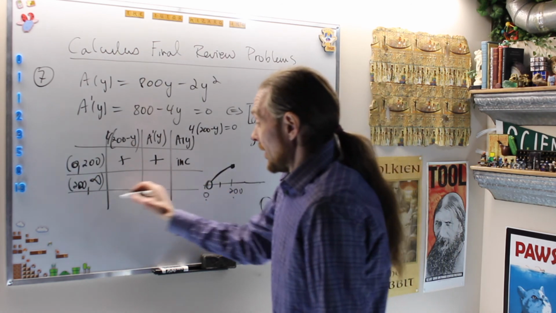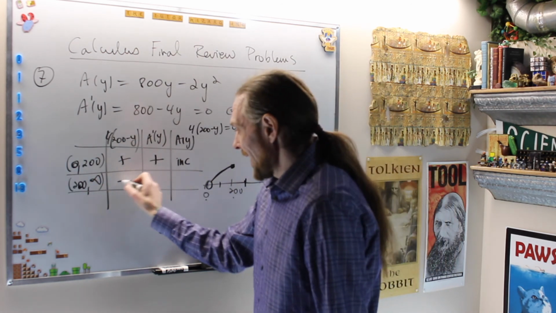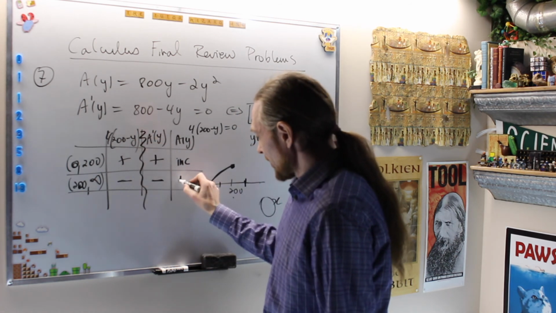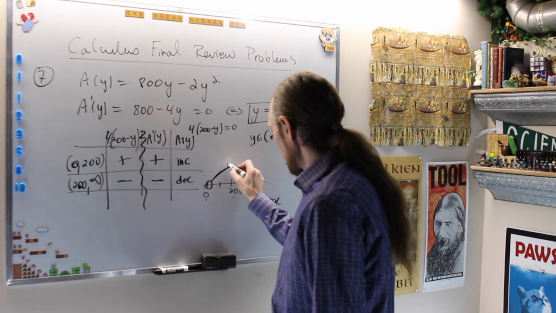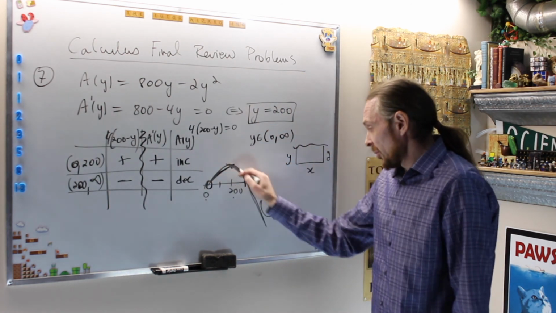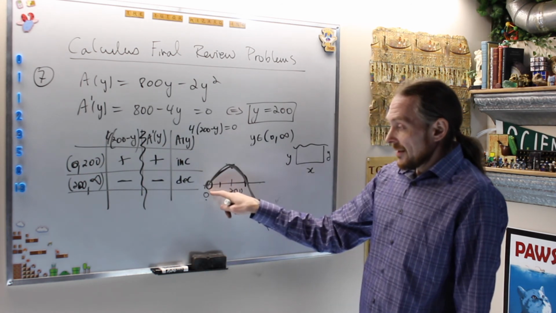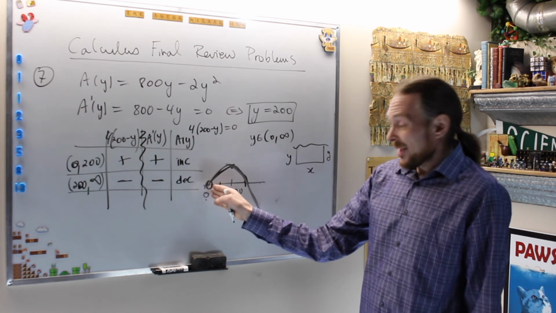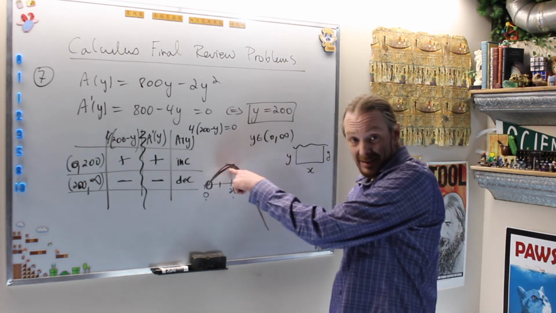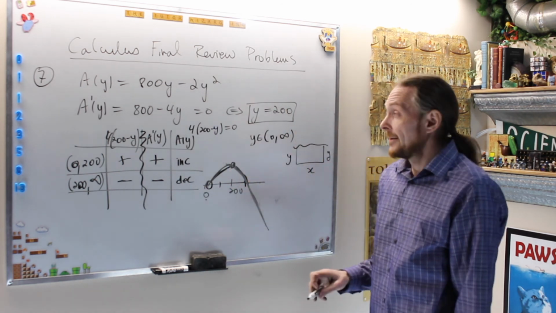And then if I'm larger than 200, pick 300. 200 minus 300 is negative, so my first derivative is negative, and that means my function is decreasing out of 200. So we're going to be a parabola that's looking like that. Now what I have to do is argue that the limit at this boundary doesn't blow up and it's just going to be 0, and this will become arbitrarily large negative. So my maximum is exactly occurring at 200.